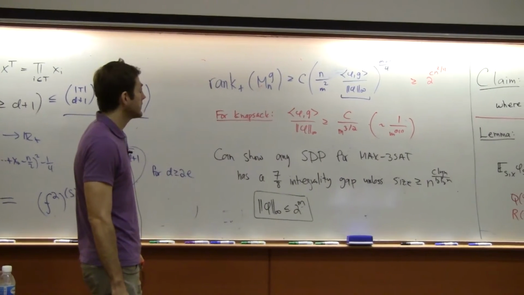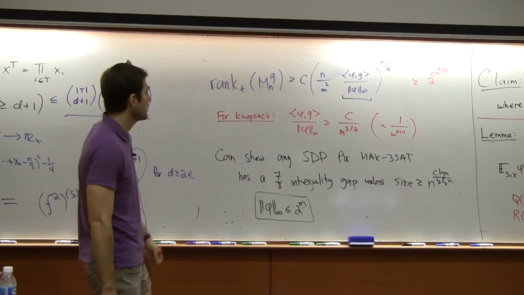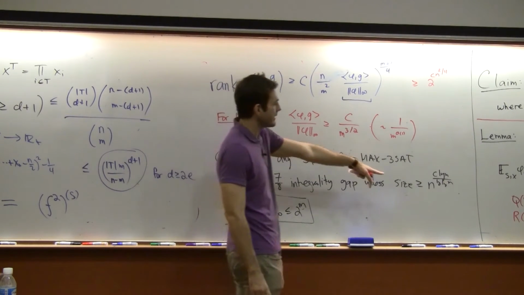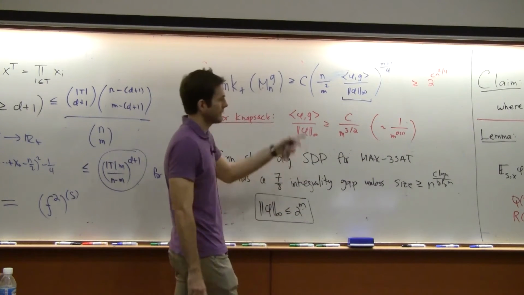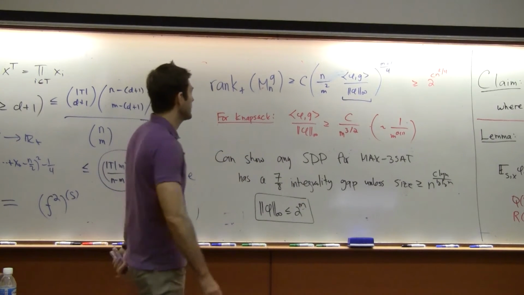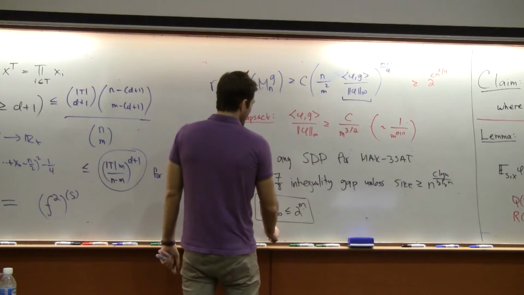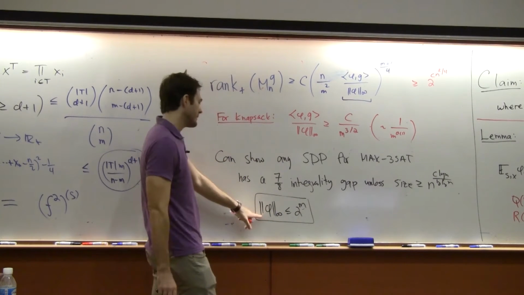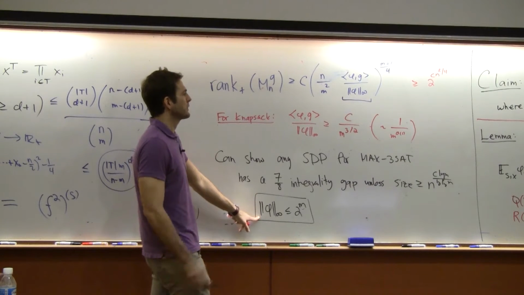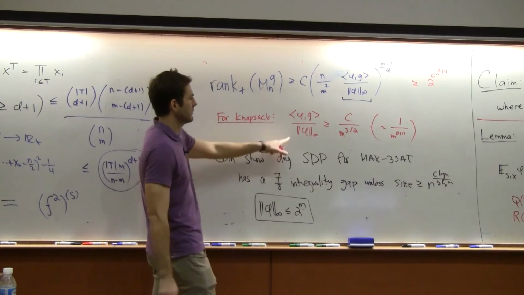So this is what stops you from having a tighter connection. There's no good philosophical reason why it gets stuck there. For sum of squares, or for the Lasserre SDP, we know the size lower bounds to get better than 7/8 are exponential, 2 to the constant times n. And also, I think this is necessary: only for this very special knapsack polynomial would this have a small norm.